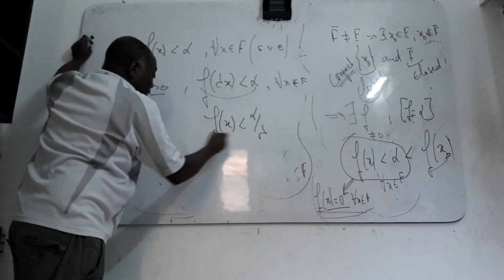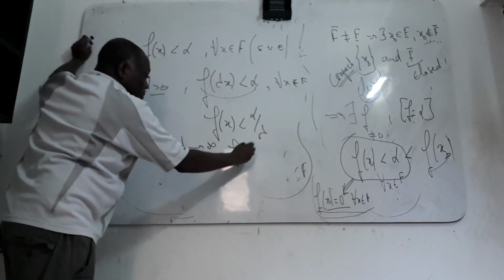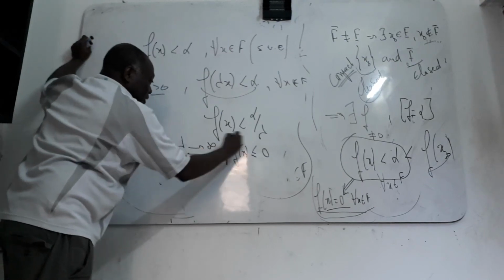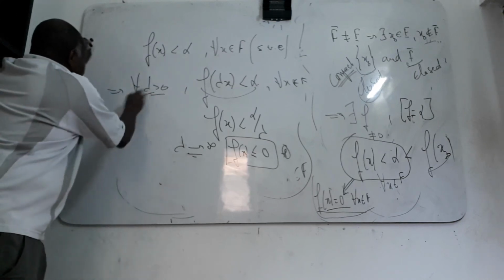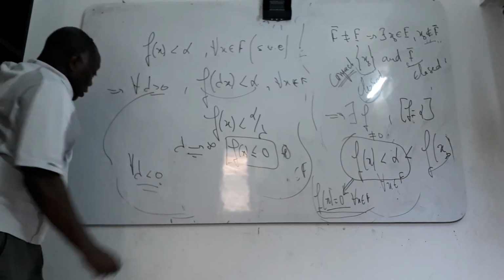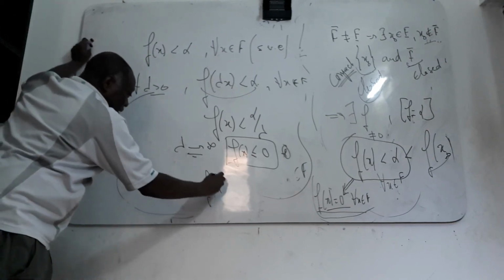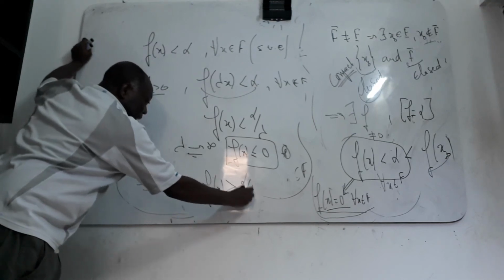Then, when you take lambda to infinity, you have f of x must be less than or equal to 0. In the same way, when you suppose that you take lambda which is negative, you have also f of x greater than alpha over lambda.